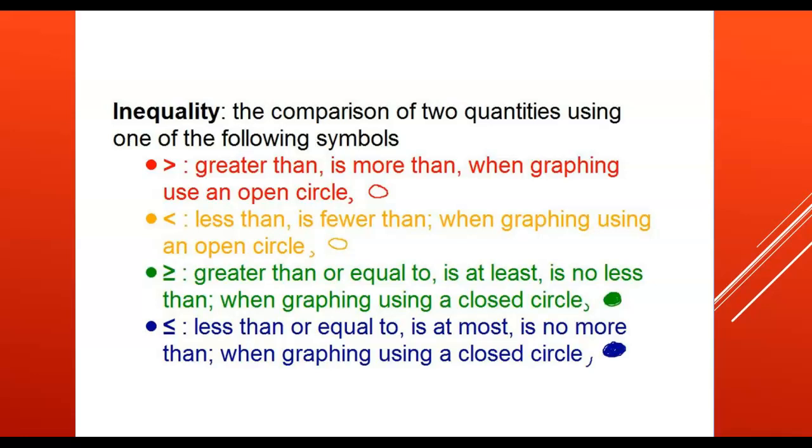If you add an equal to, it does not change the inequality's direction. It simply changes that the circle is open versus closed. So if it is greater than or equal to, then we have a closed circle when graphing.